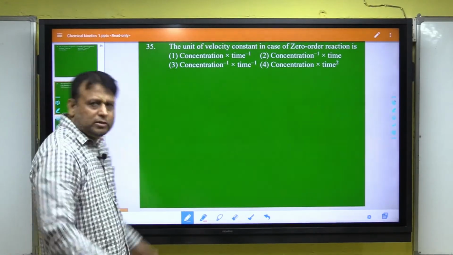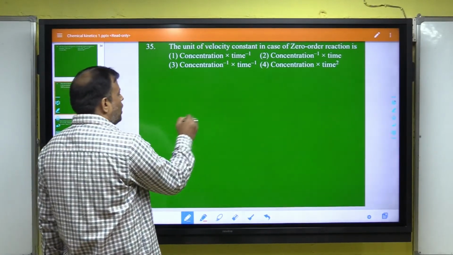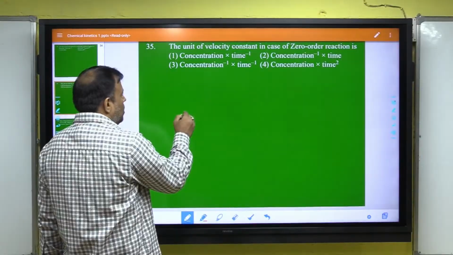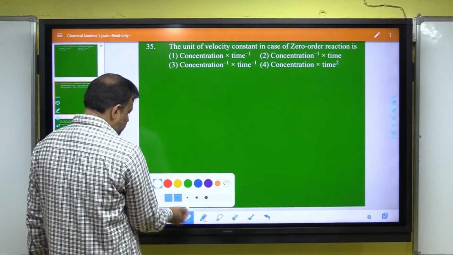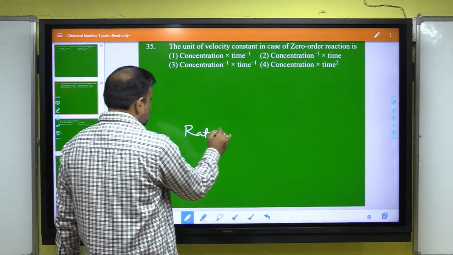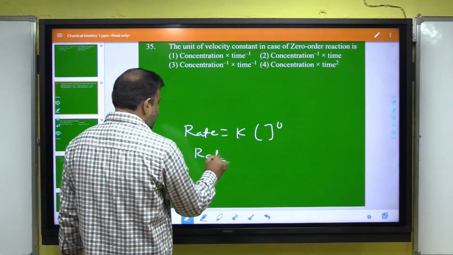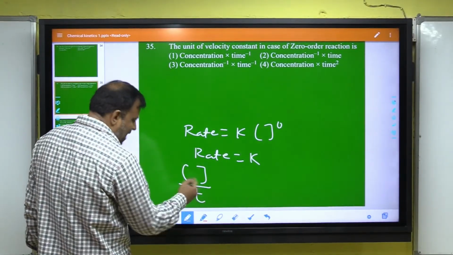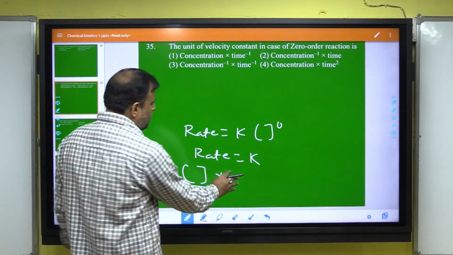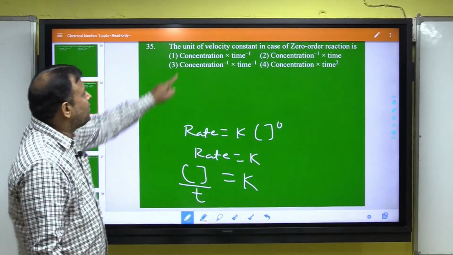Question number 35. The unit of velocity constant, K, also called velocity constant, for zero order. Zero order, listen. Rate is equal to K conc to the power 0. Rate is equal to K. And what is rate? Change in conc by time by coefficient. In case of unit, no need of coefficient. That means conc into time inverse.